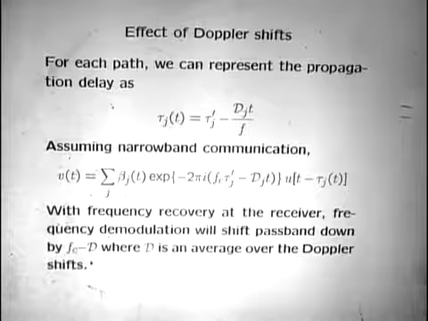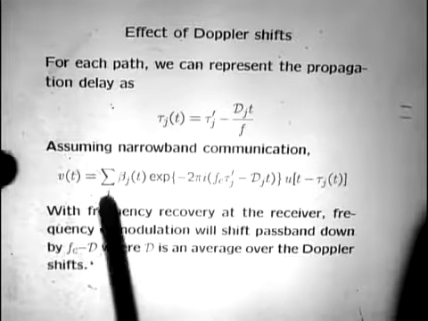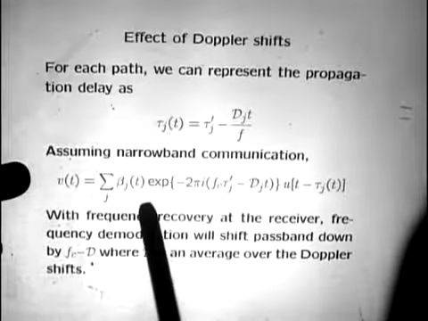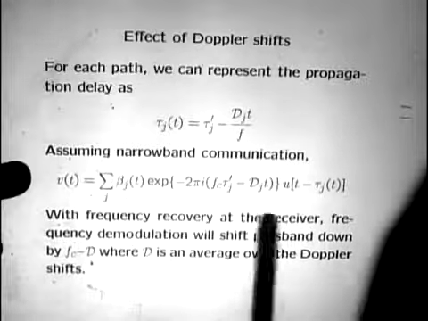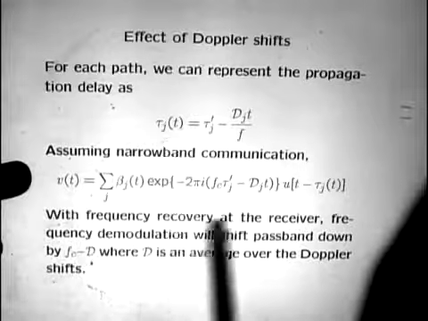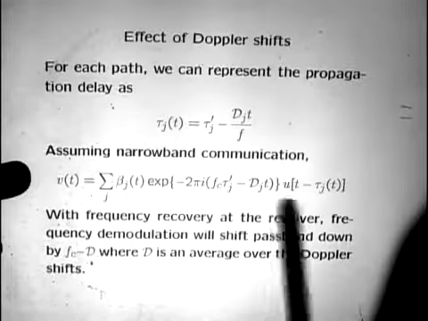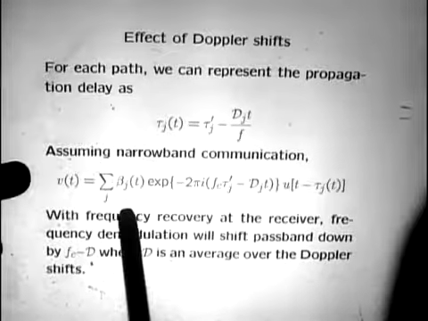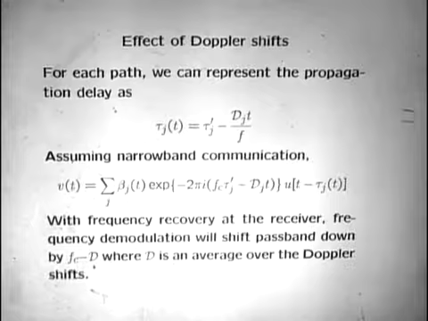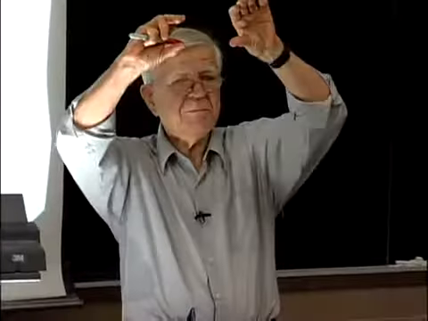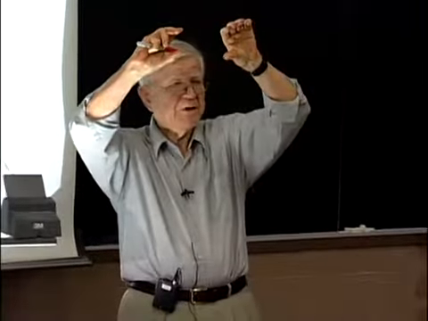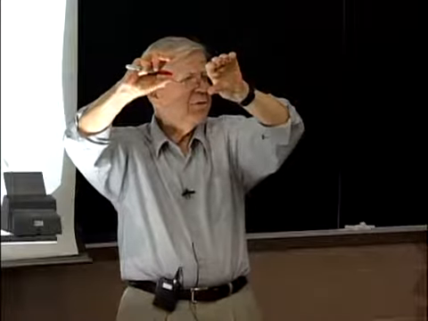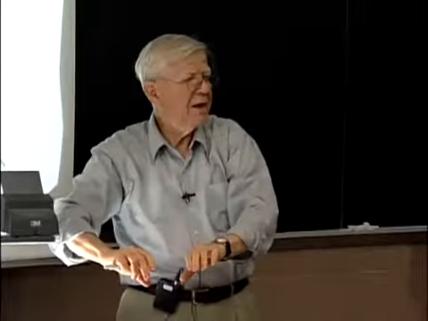So all of this says that when we're now looking at things at baseband instead of at passband, what has happened is that this term has been added. Before, we just had these delay terms and these attenuation terms. And now, because we are modulating up with carrier frequency f sub c, we get a Doppler shift that moves us down a little bit, and we're then moving down by f sub c.